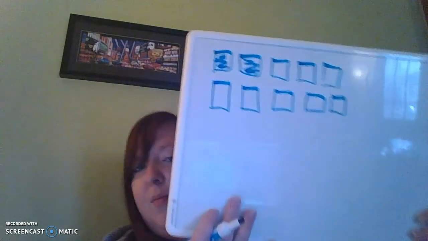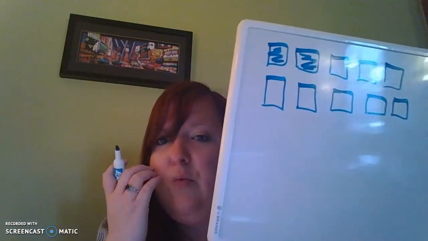So I'm going to draw my picture. So I had how many blue? 2. And how many white? 8. And I'm doing it the 5 group way. Okay, there are my blocks. I have 2 blue and 8 white. Let's do a number bond.